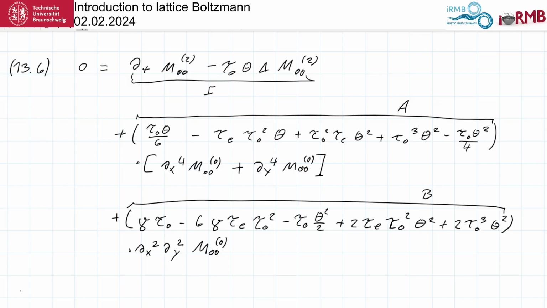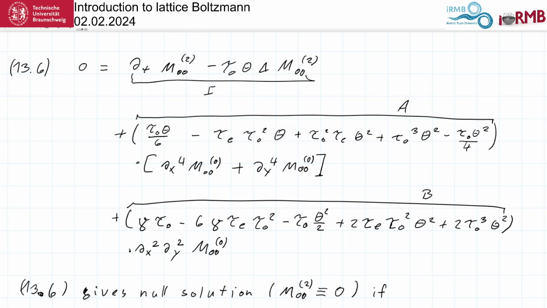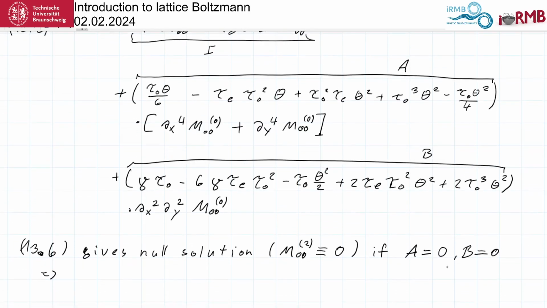And this 13.6, so the idea is that if the source terms vanish, the error vanishes, because there is no source of error anymore. Yeah? So this would give a null solution, meaning that this here would be identically 0 if A is equal to 0 and simultaneously B equal to 0. Yeah? And then the leading error would disappear.